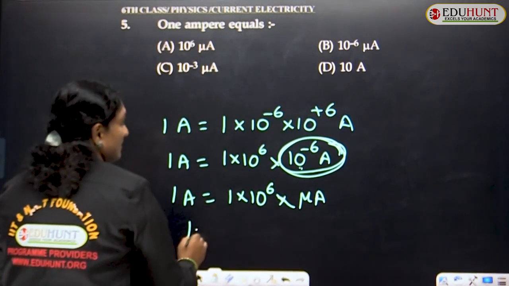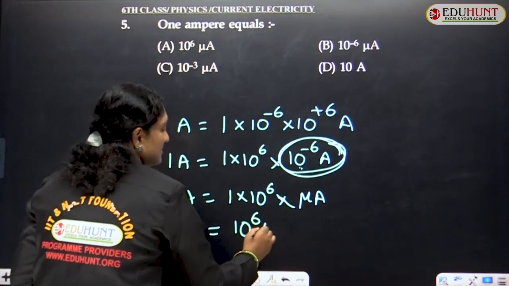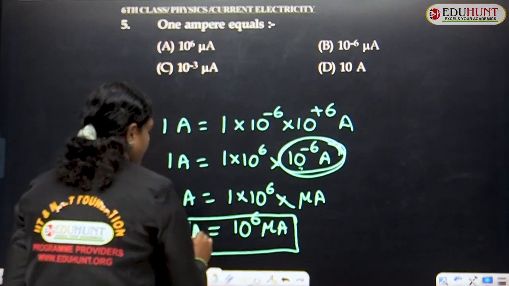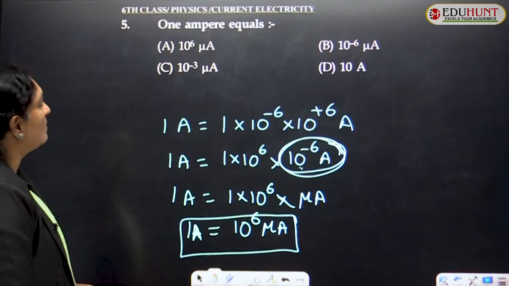So what is the total value? 1 ampere can be written as 10 power 6 microamperes. 1 ampere is equal to 10 power 6 microamperes.